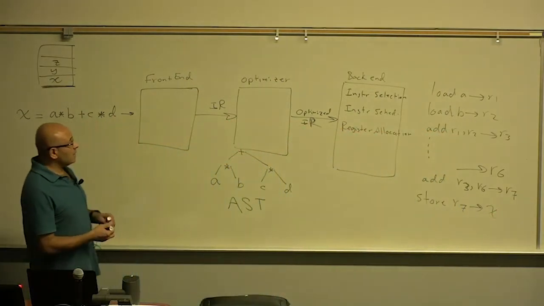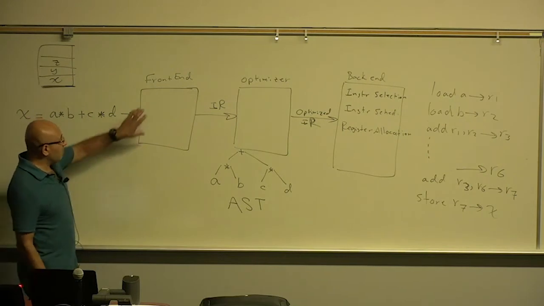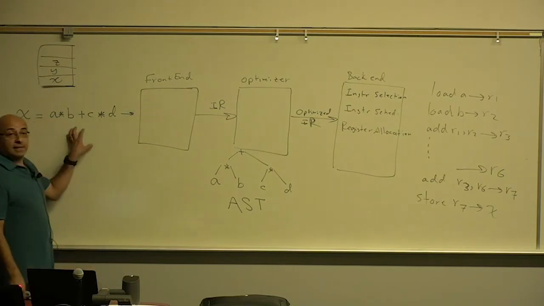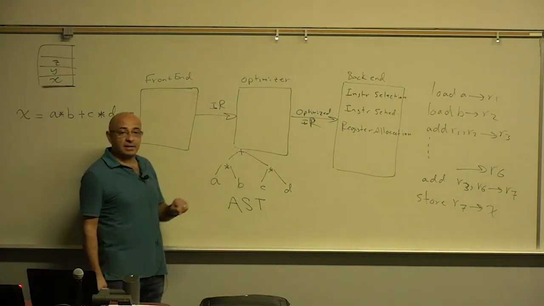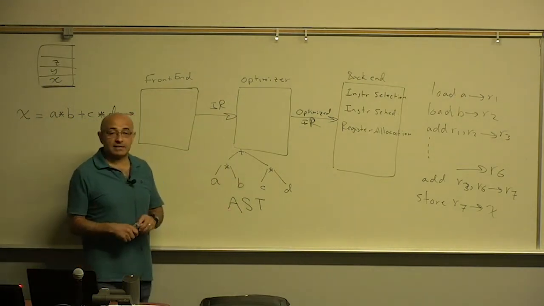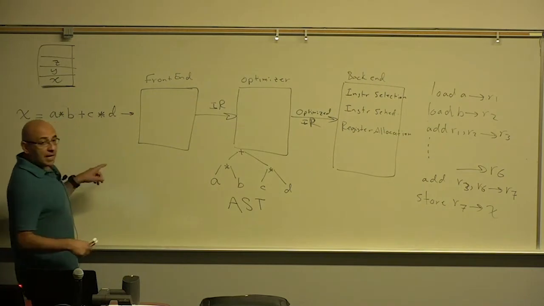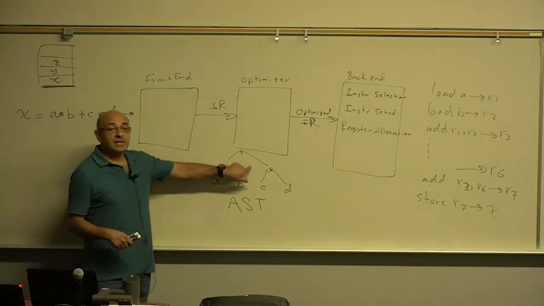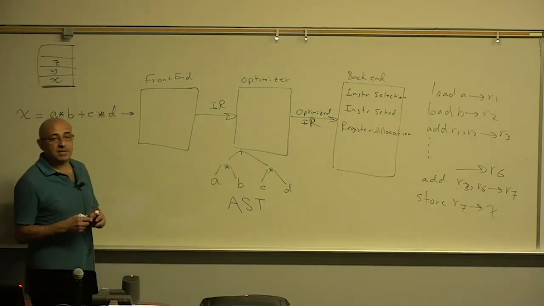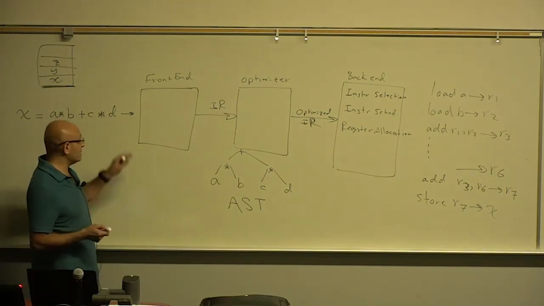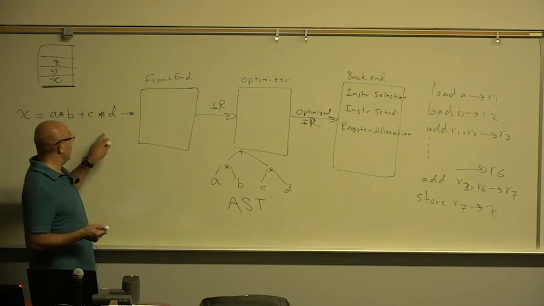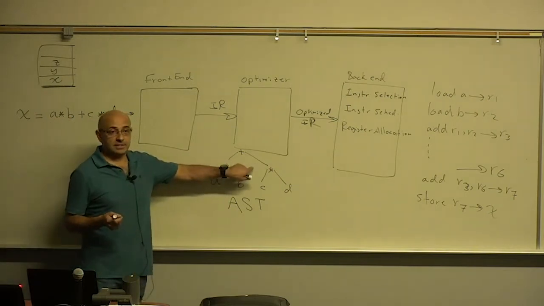Okay. Now with this structure of the compiler, you have the front end that will take this high-level representation and produce this tree-like representation of the code, the abstract syntax tree. So getting from here to here is going to take us about 60% of this course. So 60% of the time will be spent to understand how the compiler can get from this to this.